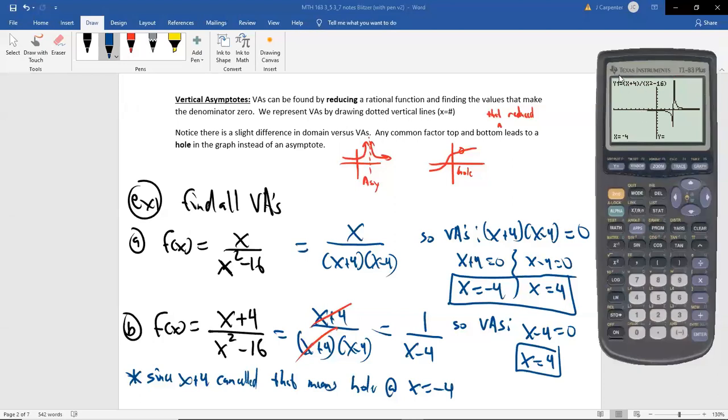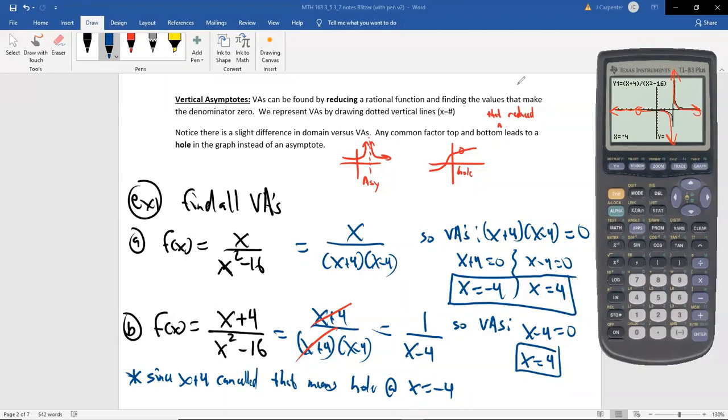What this is doing that you can't see because it's so flat really quickly is it's just keeping on that way flat, but then you have a little hole. There's an open little circle if you were graphing this by hand right there. That's what that would be. This one is going down forever, and then it's coming from up here, and then it flattens out.